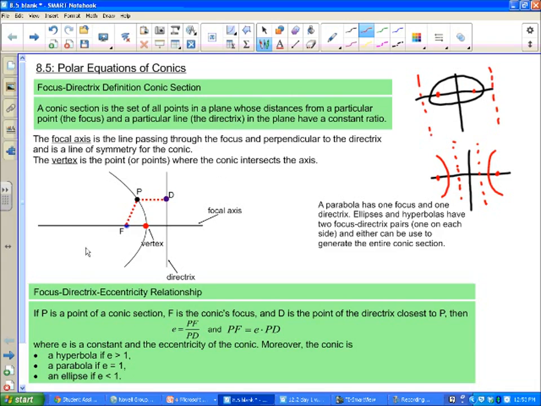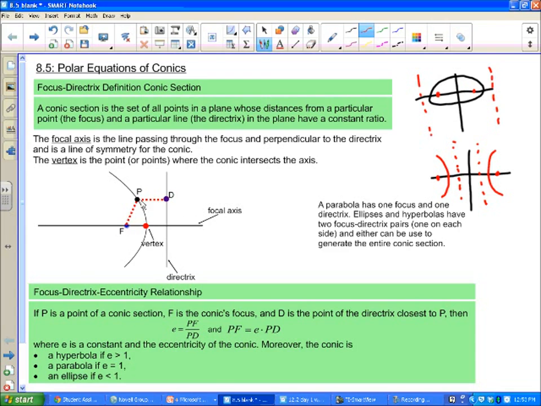So down here at the bottom, we've got this focus-directrix eccentricity relationship. Basically, the distance from P to F is going to go on top of our fraction, the distance from P to D would go on the bottom, and if you actually find out what that is, that gives you the eccentricity e.